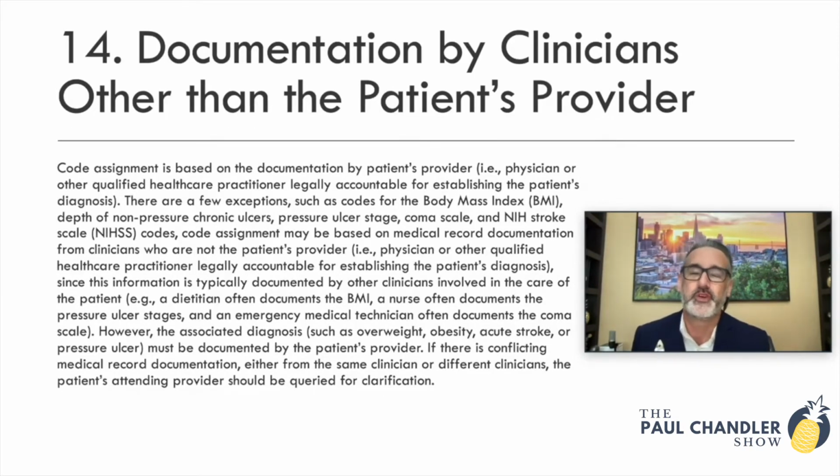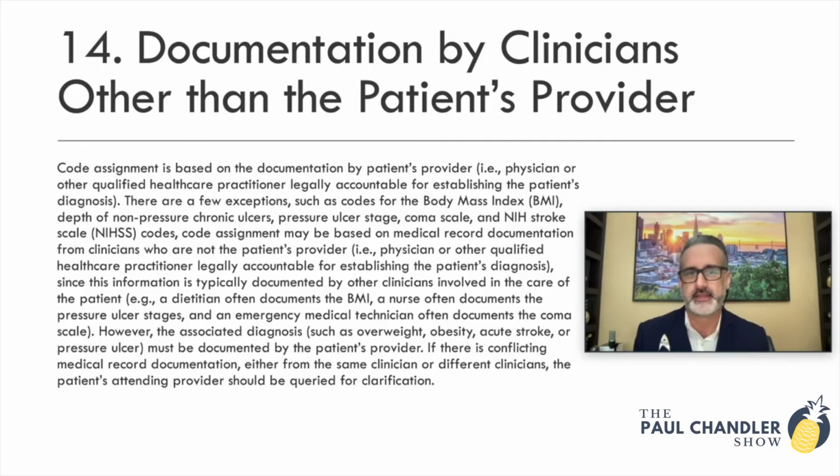And then part number 14 here, we're over halfway done, so don't worry. Part number 14, two slides on this part, is documentation by clinicians other than the patient's provider. This is where we have to watch out for who's doing the documentation, whose notes are in there. As the guidelines state, code assignment is based on the documentation by the patient's provider, and there are a few exceptions as far as what documentation a non-doctor can put in.